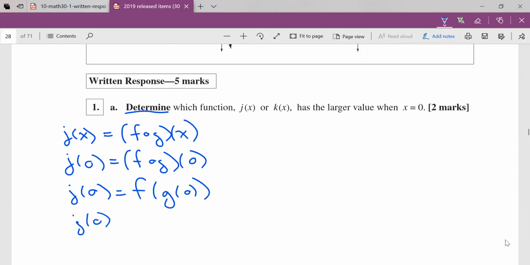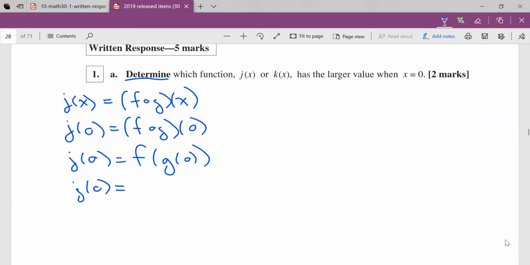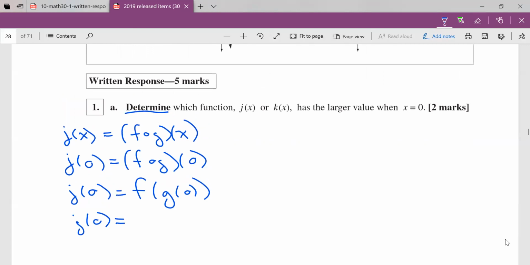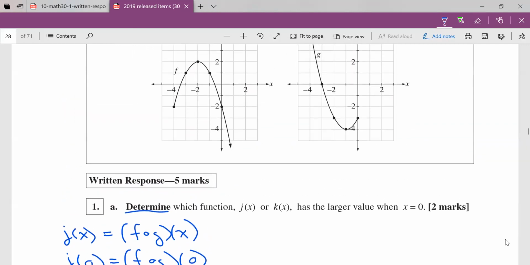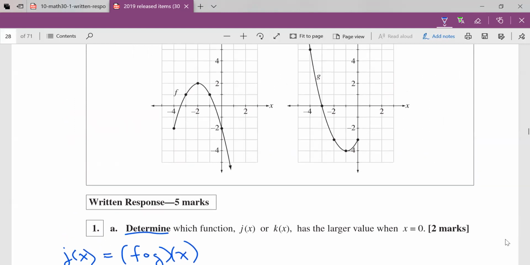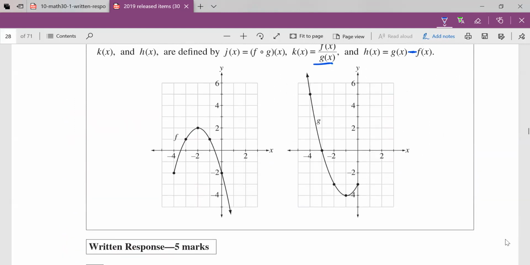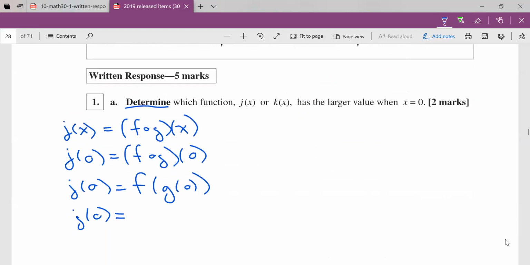Now, notice I'm writing j at 0 the entire way down my page. It's going to make it nice and clear what I'm doing as I go step by step. You need those equal signs as you go down the page. That's a big deal in communication and mathematics. Okay, what's g at 0? So I go and I say, okay, what's g at 0? Well, when g is 0, our input's 0, our output's -3.